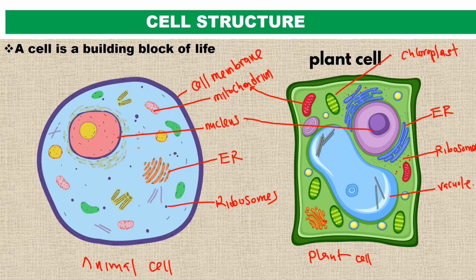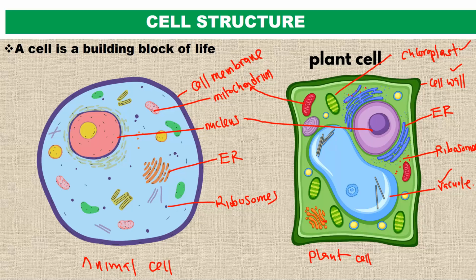Now, the outer part of the plant cell is known as the cell wall. So the cell wall, the chloroplast, and the vacuole are normally just found in the plant cell.